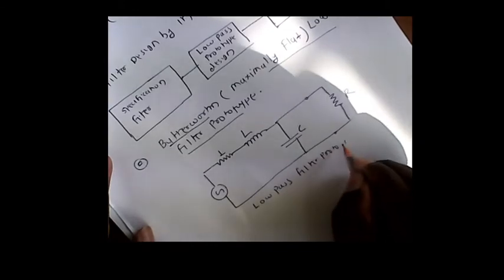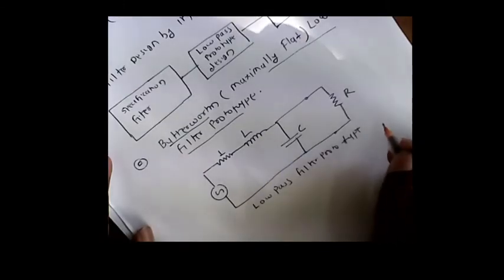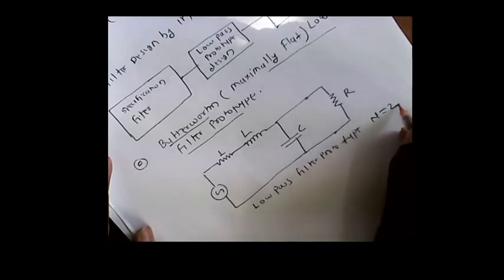For the low pass filter prototype with two elements, the order of the filter is n equal to 2, and we assume the source resistance Rs is equal to 1, as shown in this figure. The cutoff frequency omega c is equal to 1 radian per second, and we want the desired power loss ratio.